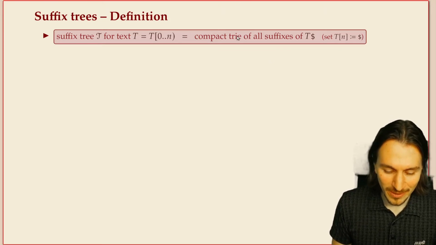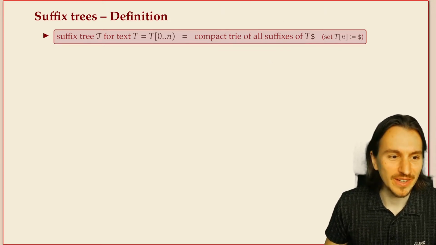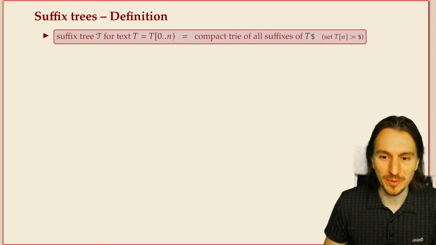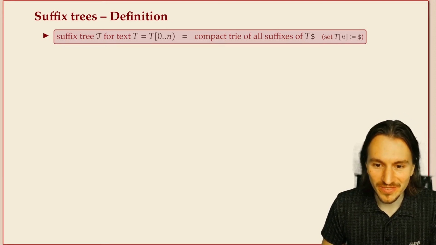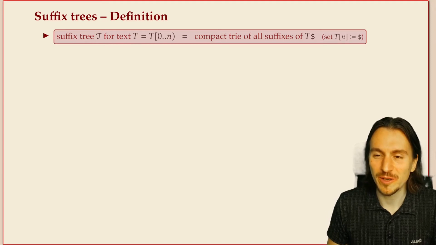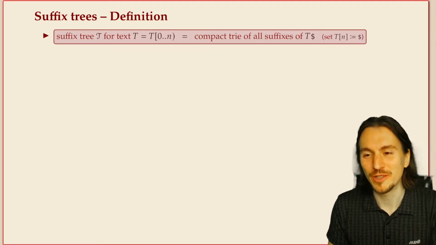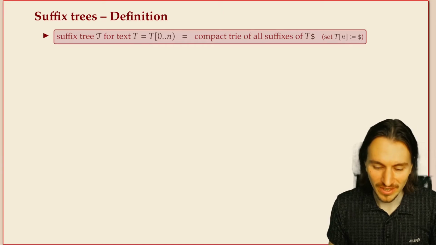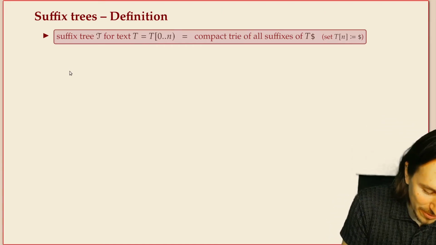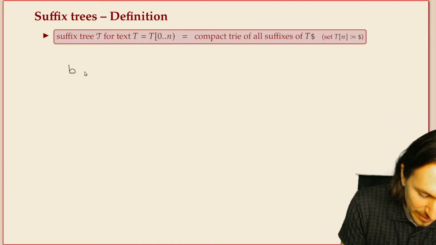And maybe at this point, let us look at a quick example of how this might be constructed. This was also a little bit of a recap about tries again. So let me do a smaller example.